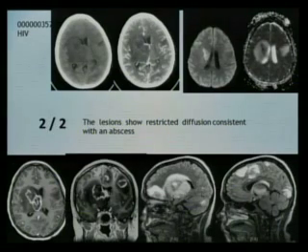Here is the restricted diffusion. Now, as you know, restricted diffusion is usually acute infarct until proven otherwise. This is one of those situations whereby a non-infarct causes restricted diffusion, which is an abscess.